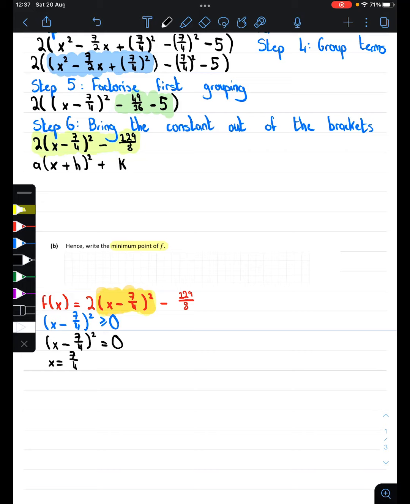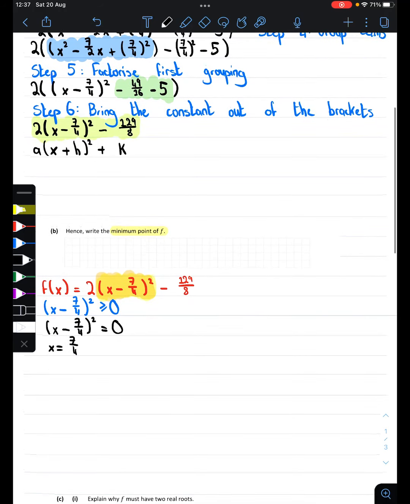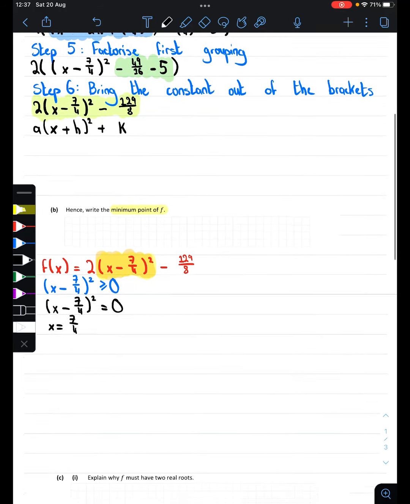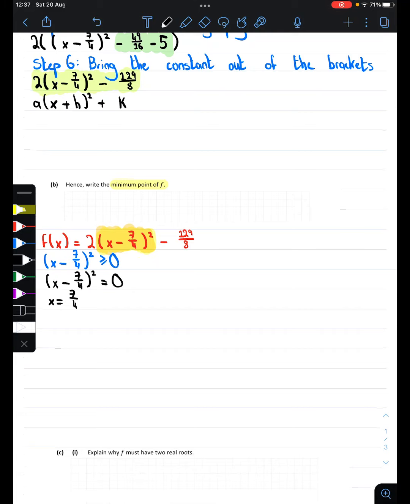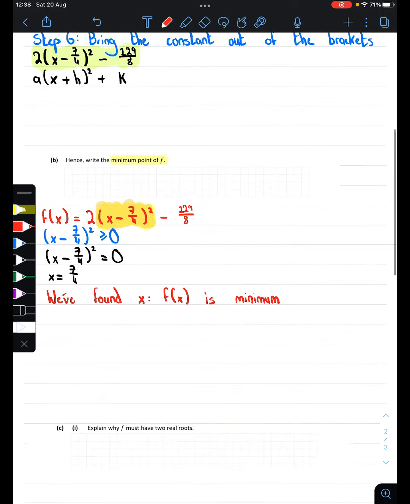That's why this completing the square is so useful, because we can immediately find the value of x that makes f minimum. So we have found x such that f of x, the function, is as small as possible, is minimum. But how small did we actually make it?